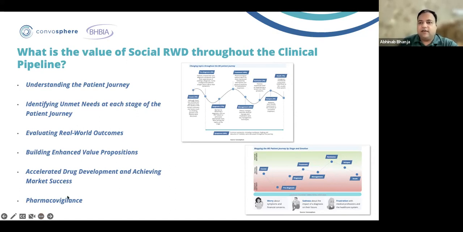And we know that typically safety outcomes are either undetected or underreported. So social is an easy, cost effective, long-term alternative to get safety data, because in certain cases, if it is a milder symptom, patients will not report those cases as adverse events or safety outcomes.